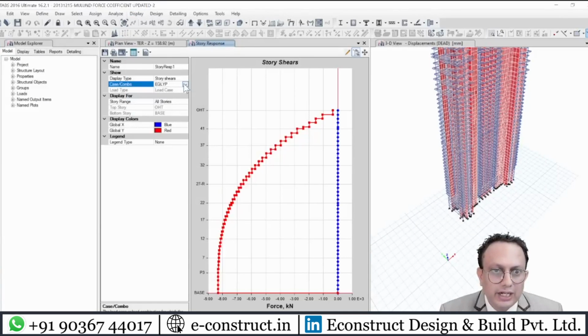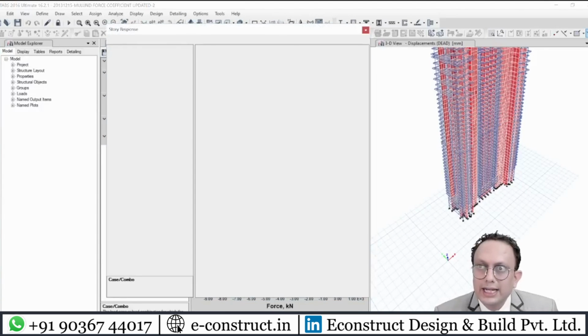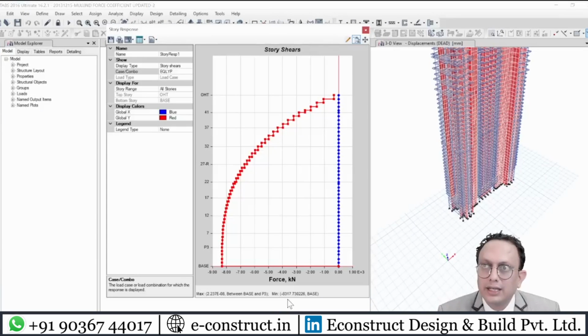Through that, you will identify that the static base shear is coming in the range of 8,317, which is the static earthquake base shear. Which direction? It is in the Y direction. Understood?